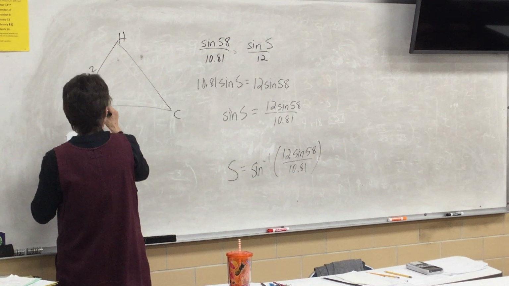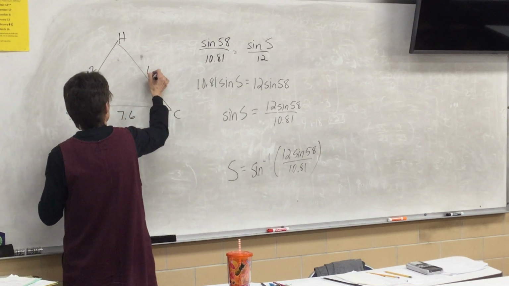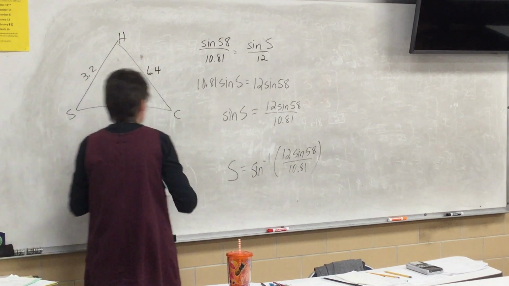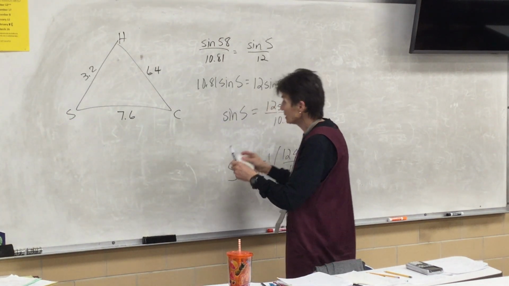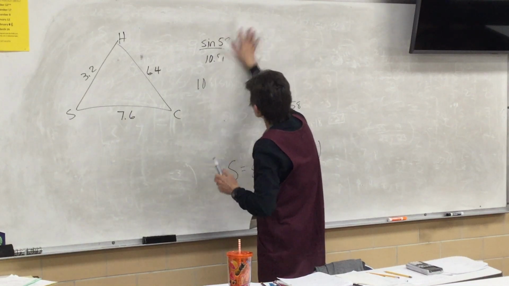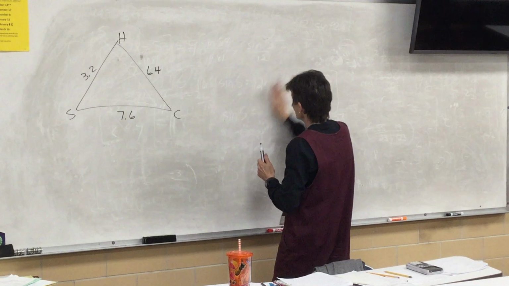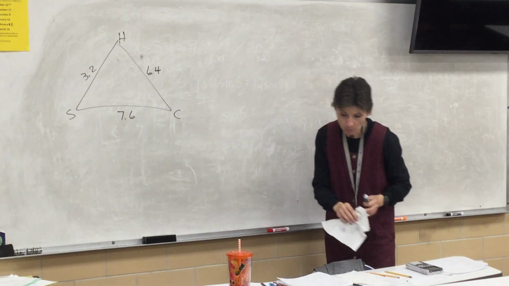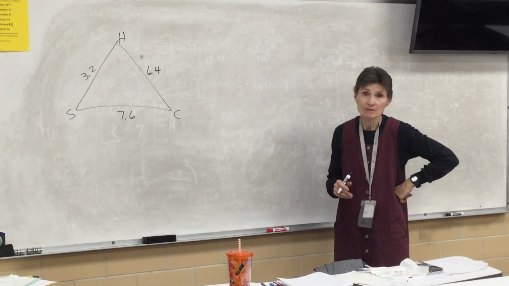So H is 7.6 and S is 6.4. So there's my triangle. And I'm going to solve it, that's what the directions say, which means find everything I don't know. And it looks like what I don't know in this problem is any of the angles.